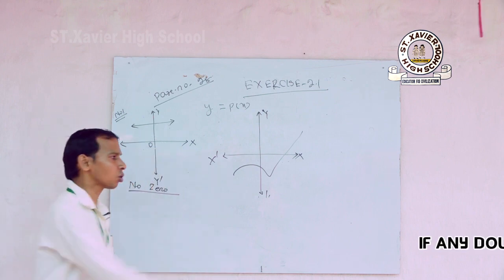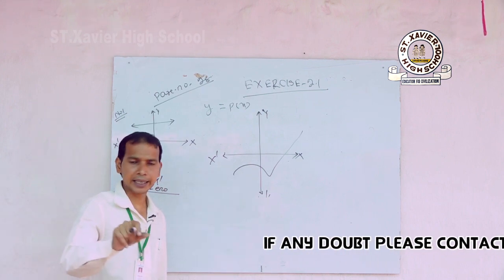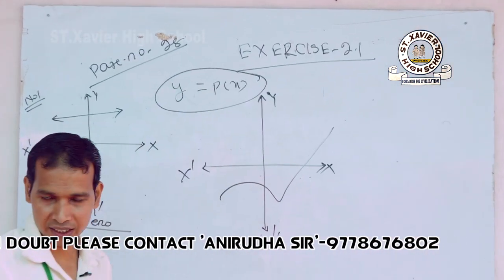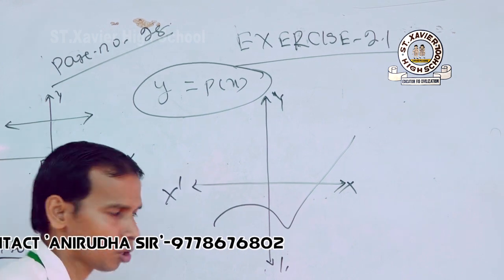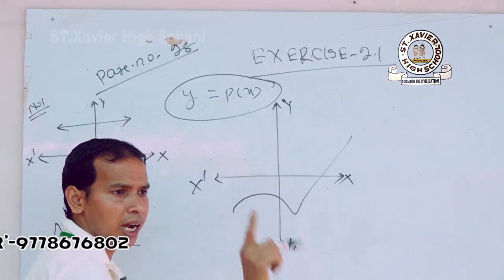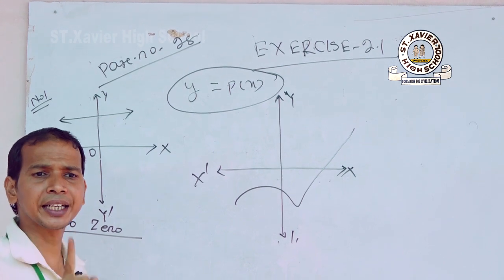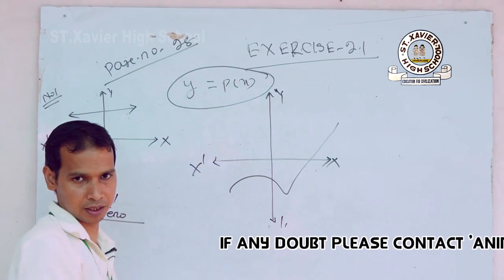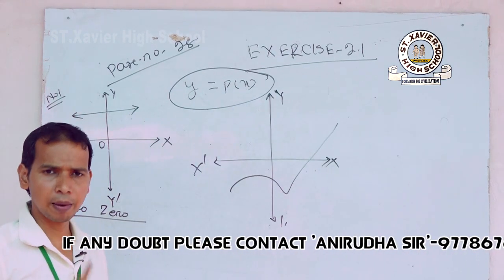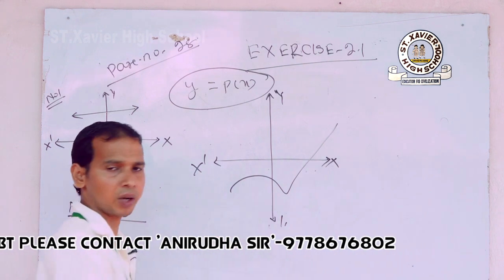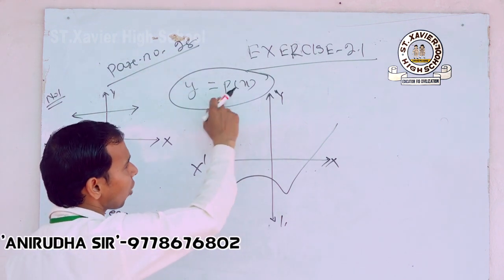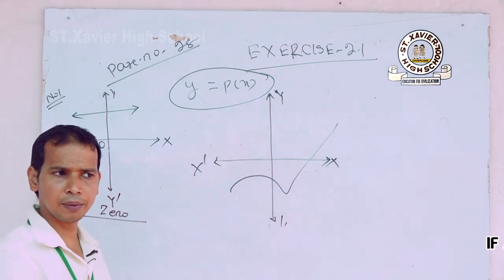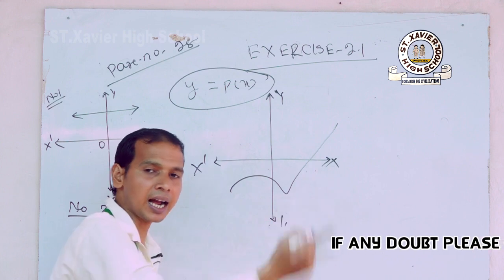Look, the second question is of this type. The question here is y equal to p of x. To find the number of zeros, as it is p of x, we find the intersecting points of the graph line with the x-axis. If it were p of y, then you would find the intersecting points of the graph line and the y-axis. Here we count the intersecting points of the x-axis and the graph line.